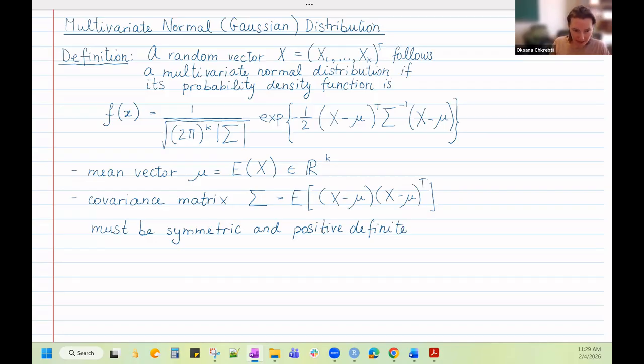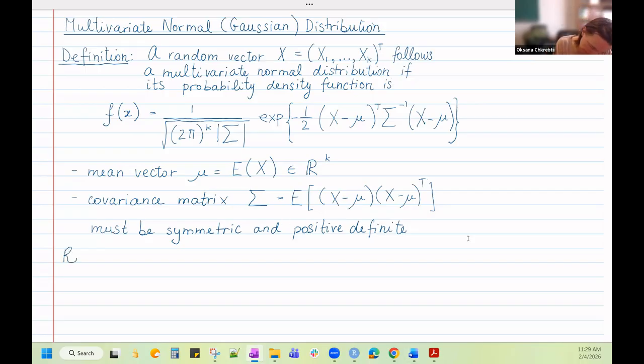Another note that I'd like to make is that the probability density function uniquely defines the distribution of a random variable. So any random vector like x with this probability density function is necessarily a multivariate normal random vector with mean mu and variance sigma.